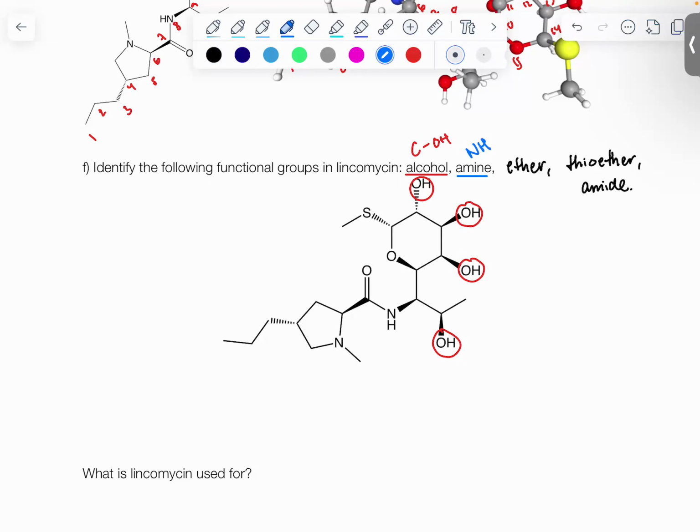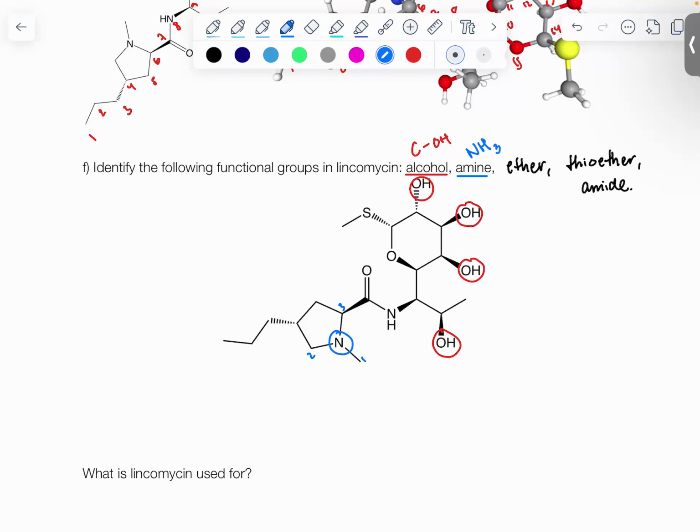They're often written as NH, but I earlier pointed out this tertiary amine, and that is because it has 3 carbons attached to it. It's still an amine because amines are any combination of carbons or hydrogens.